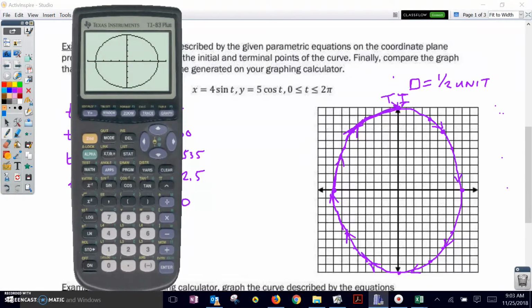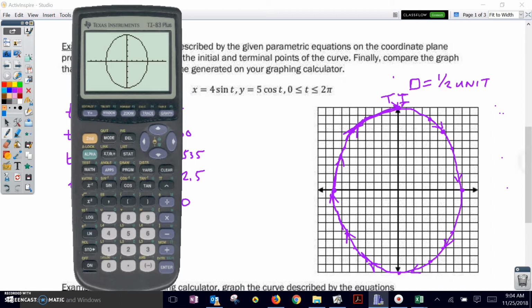I could use even smaller values of t, but if I did that, it's going to take me a long time to graph this. And just to take out the distortion from our screen, I'll zoom square on this, and you'll see that this looks pretty good, pretty identical to the graph that we created by hand.